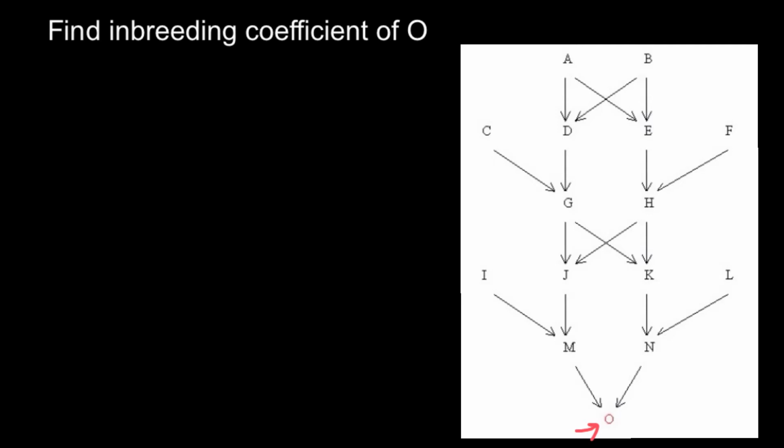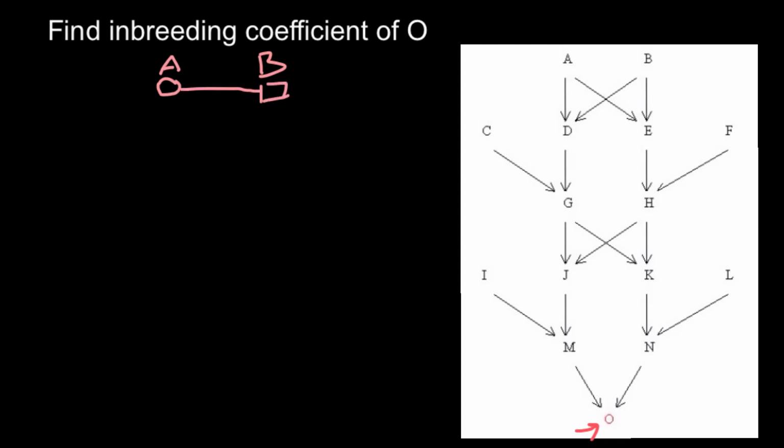Let me start by drawing what we see here as a normal pedigree that you usually see in the textbooks. So we have individuals A and B here on the top. Let's say individual A is female and B is male.